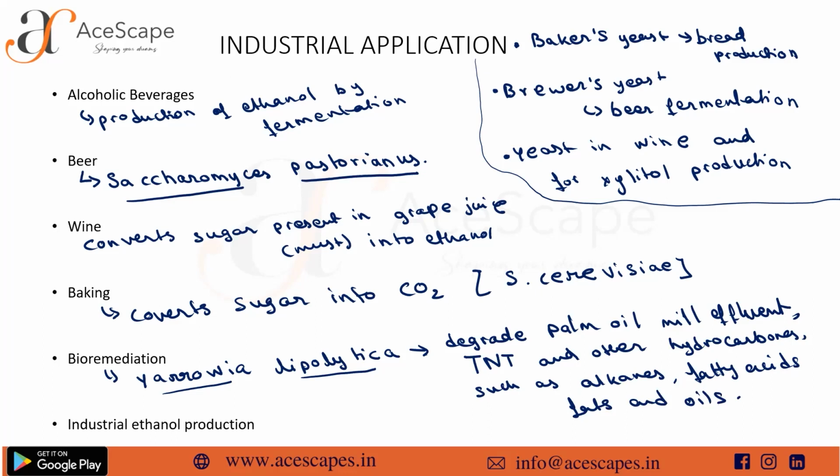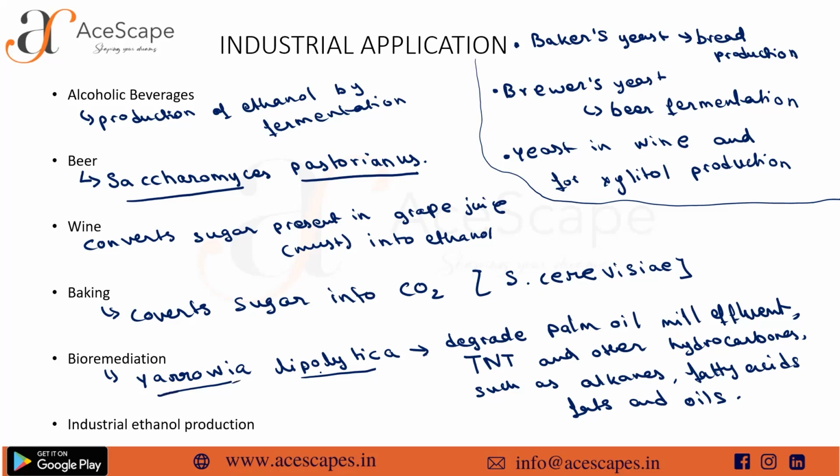So for bioremediation, this is very common, and now people are working on this. They use nanotechnology and different other things for how to control and remove the toxins and pollutants which are already present in the environment. So this name is very important.